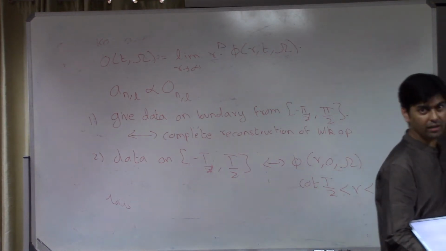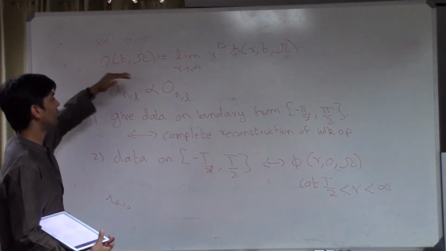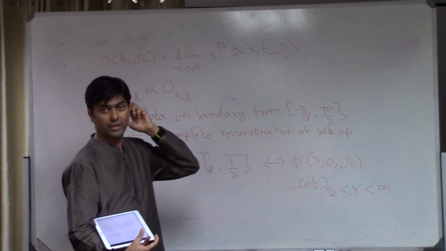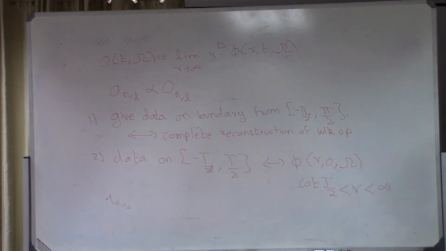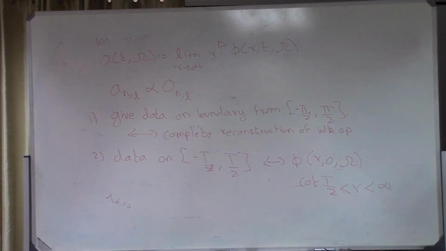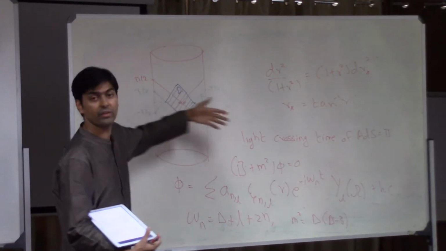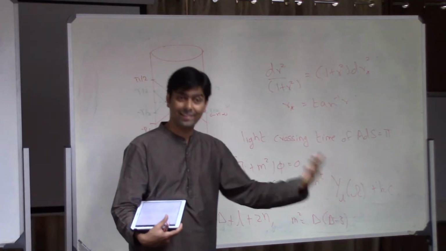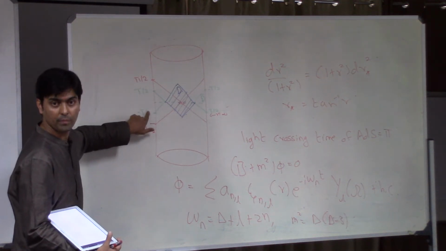So by fiat, by demanding that the observer restrict her observations to the region which lives from minus t by 2 to t by 2, we have in a sense created a black hole in the bulk. Okay. There's no black hole in the bulk. This is just empty AdS. But by forcing the observer to restrict his or her observations to this band, we've prevented the observer from being able to look past this horizon. So there's a part that the observer cannot access if the observer is given only data about the boundary on this region.